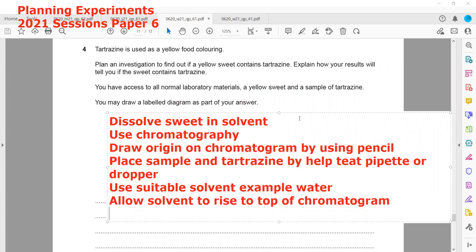Then after that, you can measure the Rf value or compare the heights.